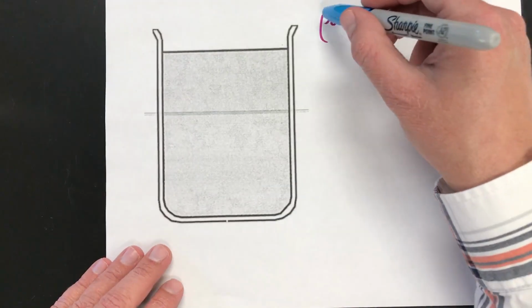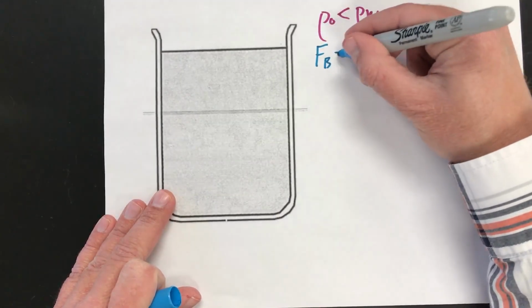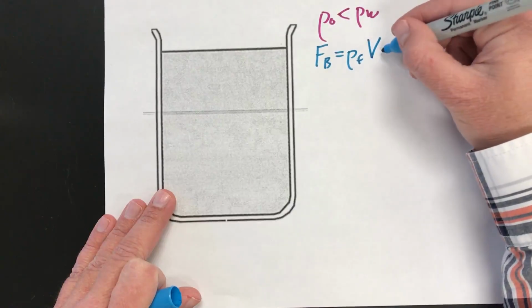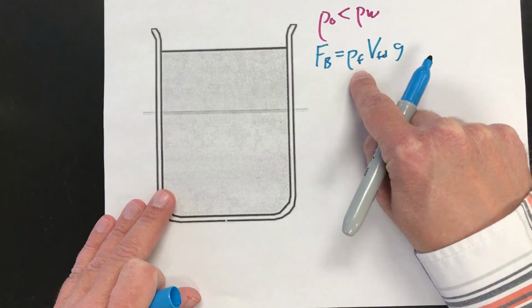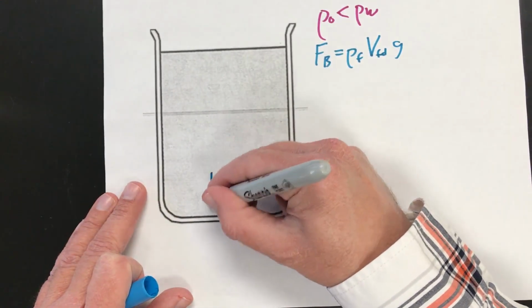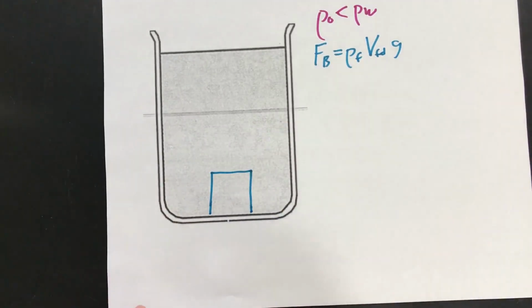Well, if we reduce our fluid's density, then we reduce our buoyant force. Because remember, buoyant force is the density of the fluid times the volume of the fluid displaced times gravity. So less dense fluid means less buoyant force. And so our object from number 2 that was floating right in the middle will have less of a buoyant force, and it will sink to the bottom.